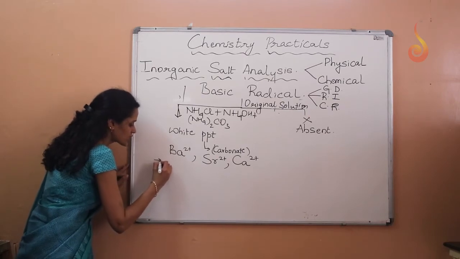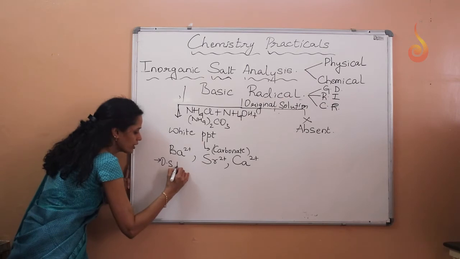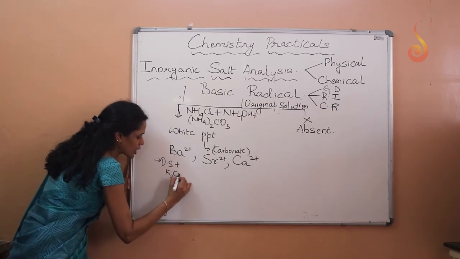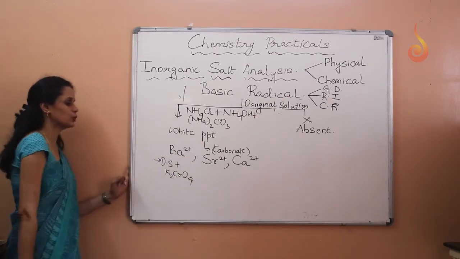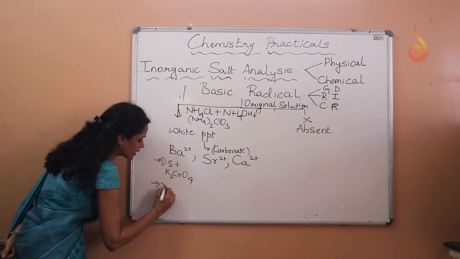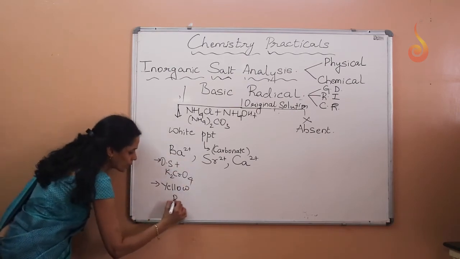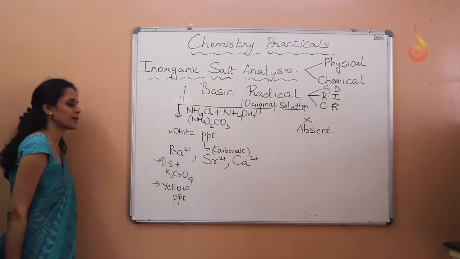So what is the test for barium ion? To the original solution, we add potassium chromate solution. The observation for barium ion is a yellow colored precipitate.